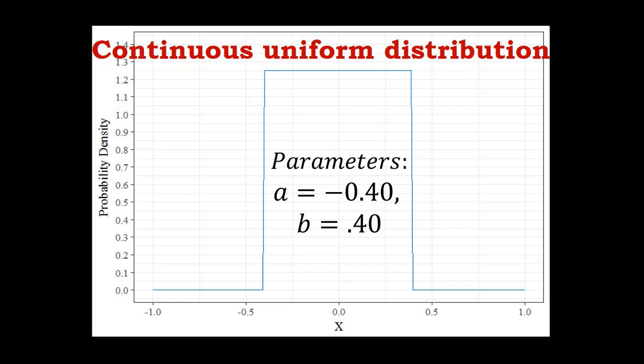These are the two parameters needed for defining the continuous uniform distribution: the minimum possible value and the maximum possible value. In this case, the minimum is negative 0.4 and the maximum is 0.4. A uniform distribution means that all values within this interval are equally likely.